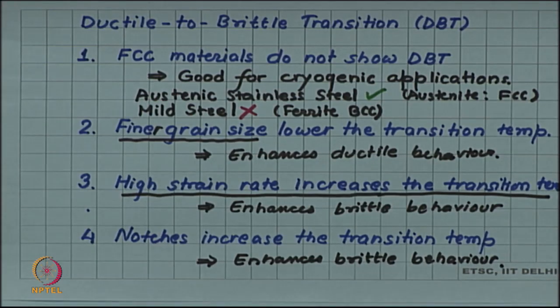We have seen that notches also give a stress concentration. So, in any case, the presence of notches and the presence of high strain rate is not good from an engineering point of view and should be avoided as far as possible. And if they are present, we should take care of their presence carefully in our design.